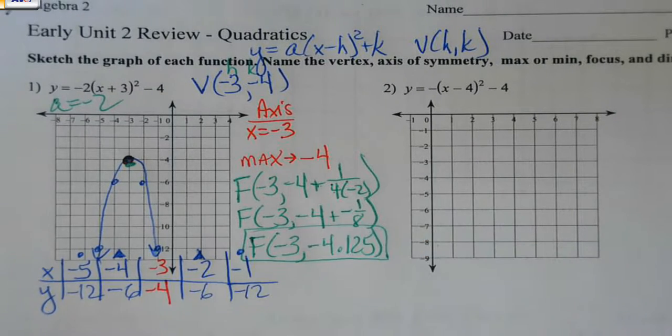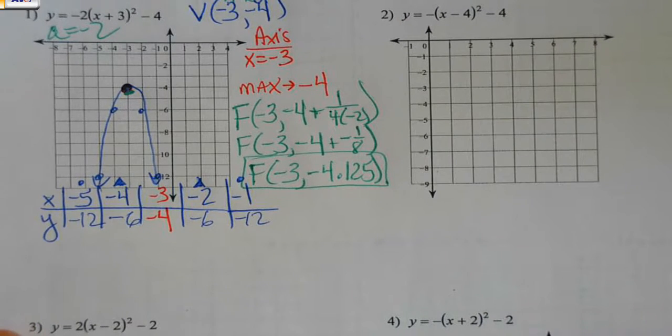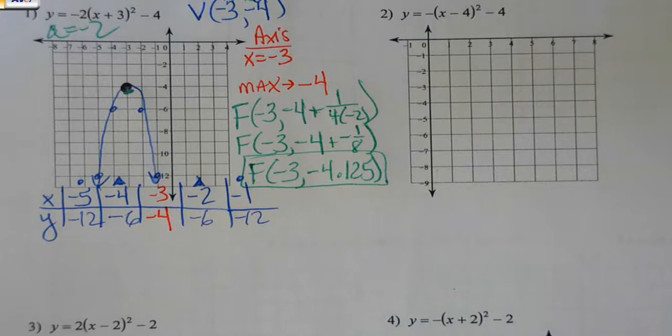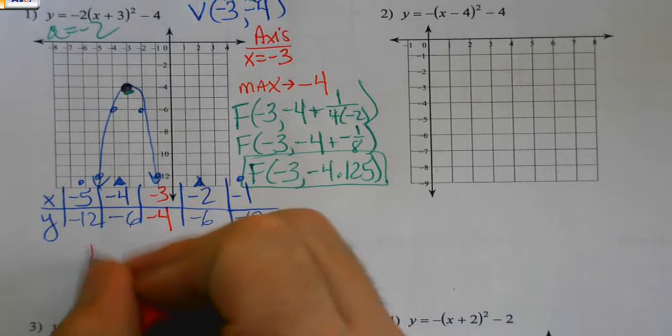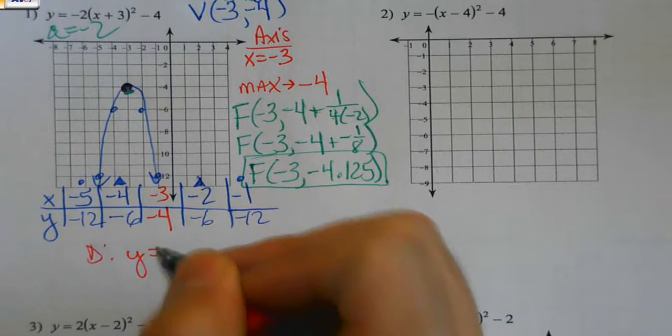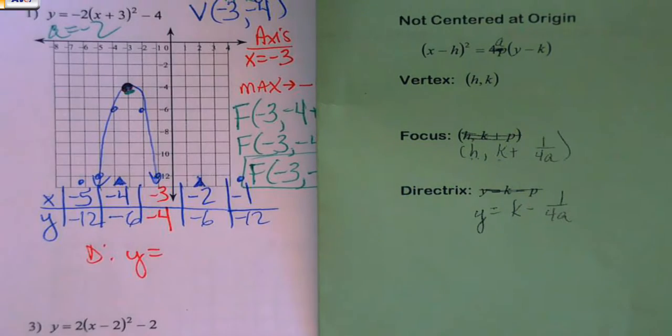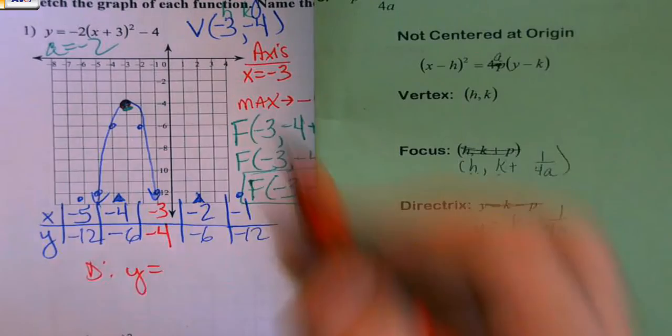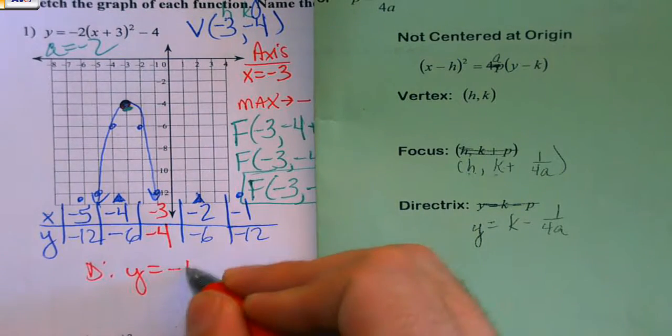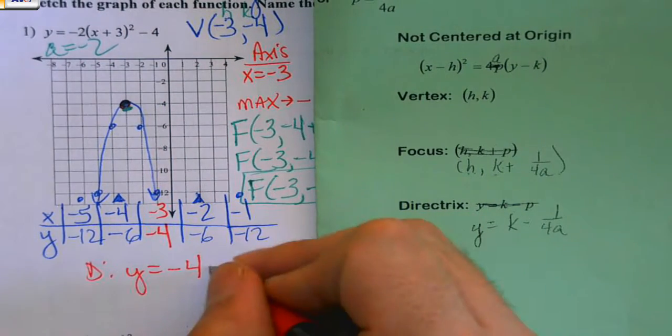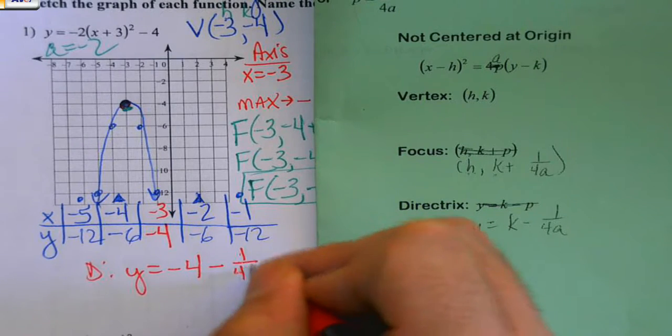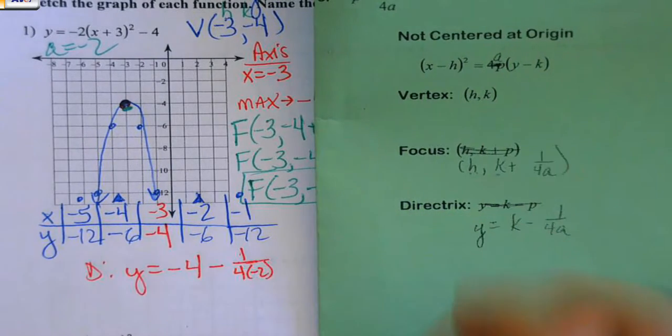So I've got my focus. My directrix, once I get that situated, is going to be y equals, pull my handy dandy help sheet back out, k, negative 4, minus 1 over 4a.